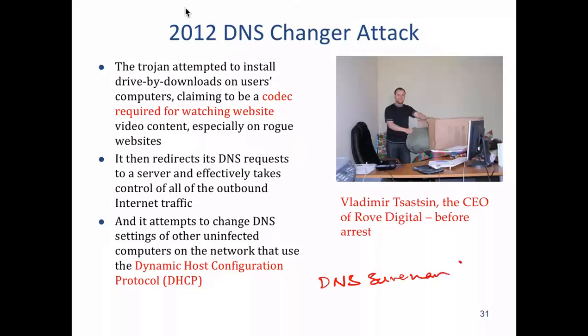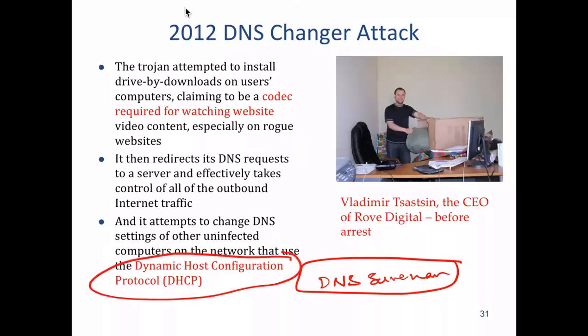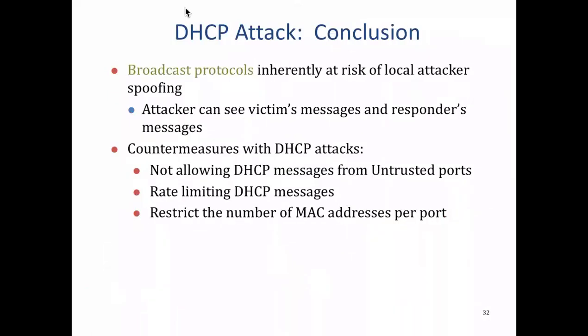Okay, and for that it uses DHCP. All right, please read about this in detail. So the DHCP attack we have seen in concept. It totally depends on the broadcast mechanism.